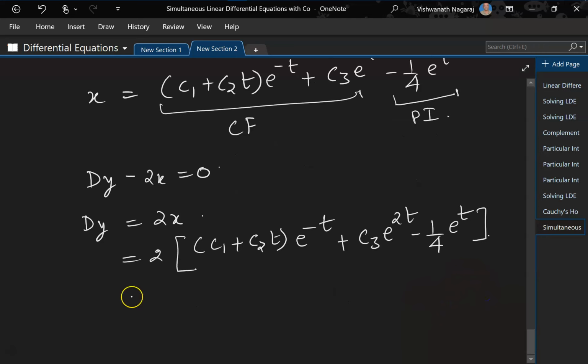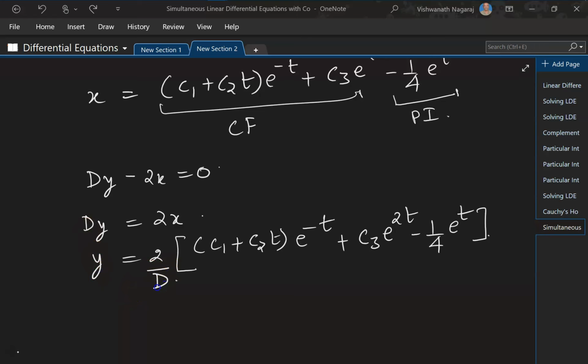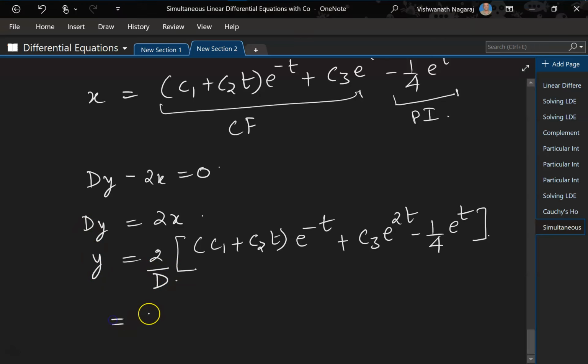Now we can bring this d down. Now what we can do is take 2 out and integrate. This becomes 1 by d of this.